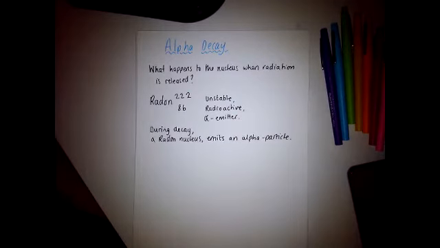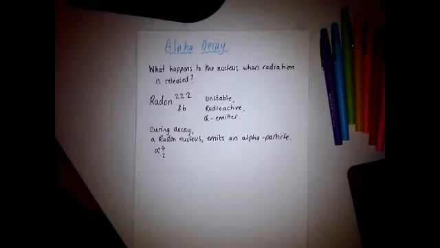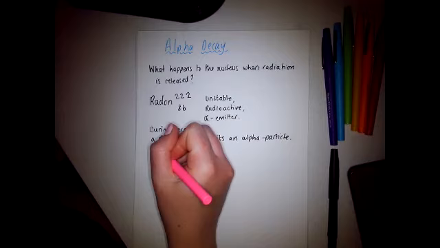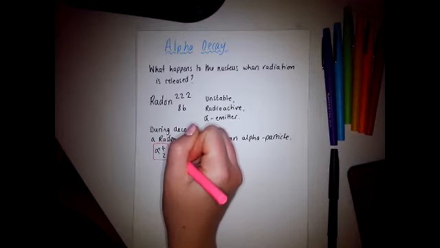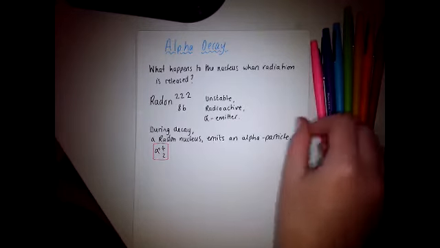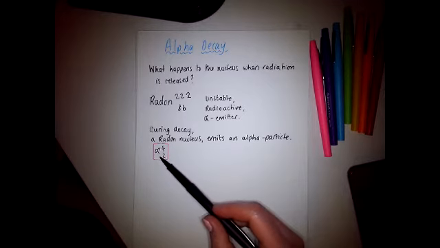So it's going to emit one of these. I'll put a little bit of colour around that. It makes it look a little bit more like an element on the periodic table, wouldn't you say? Because it's got the mass number and the atomic number. But anyway, it's going to emit an alpha particle.